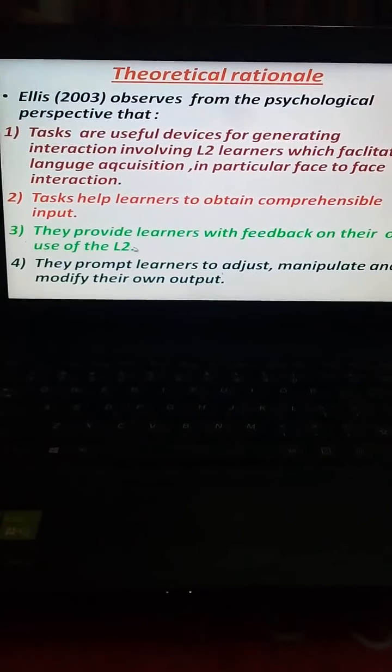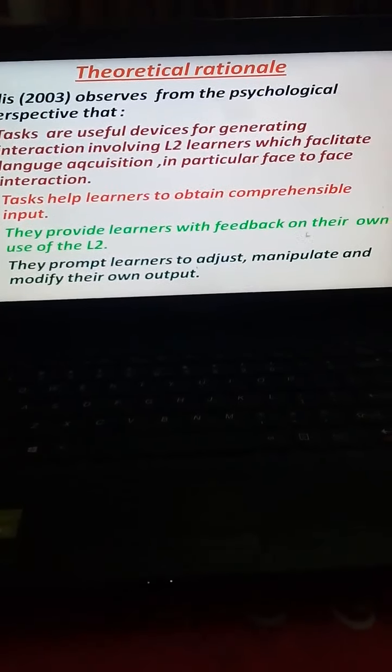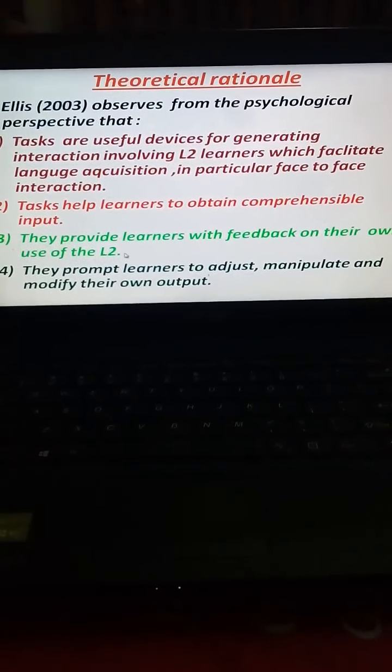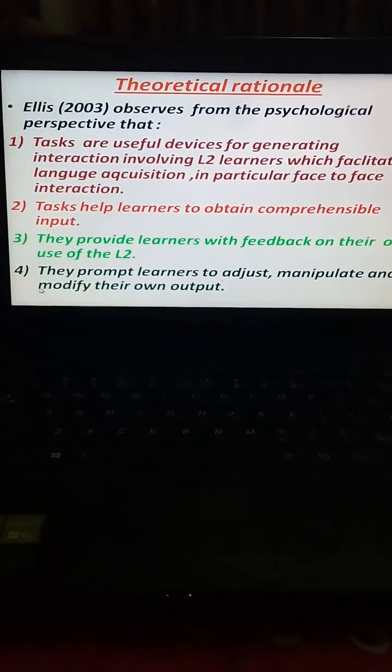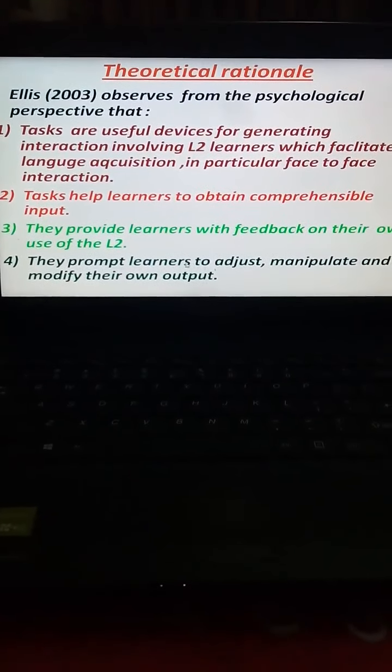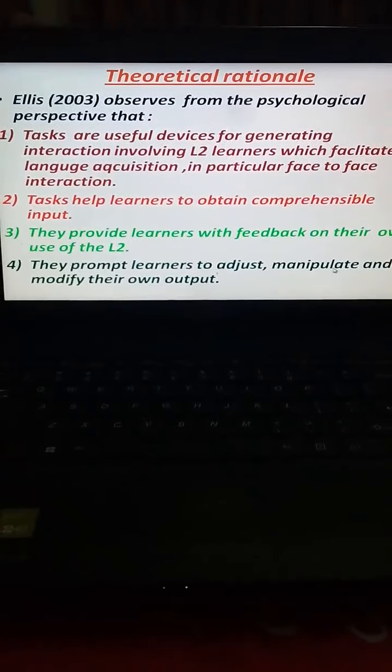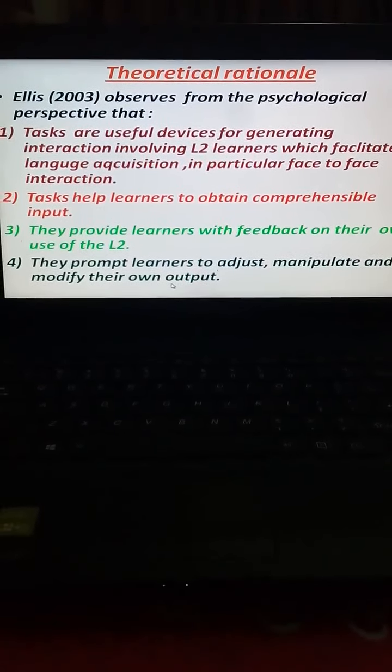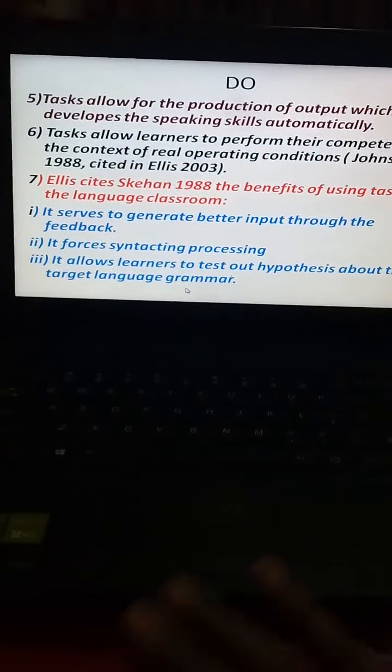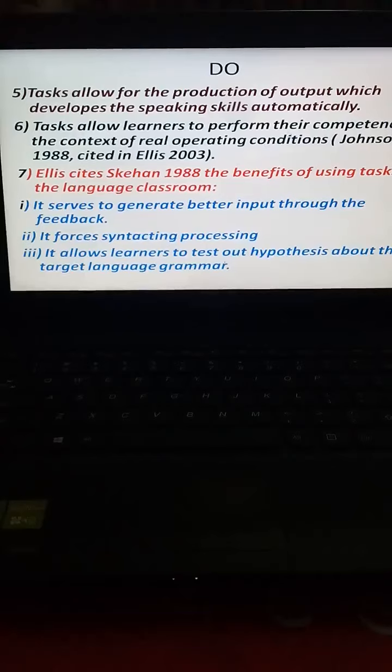Number three, they provide learners with feedback on their own use of the L2, that is, second language. Number four, they prompt learners to adjust, manipulate, and modify their own output. Number five, tasks allow for the production of output which develops speaking skills automatically.